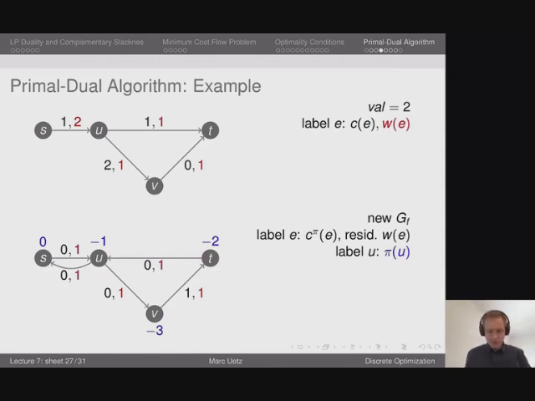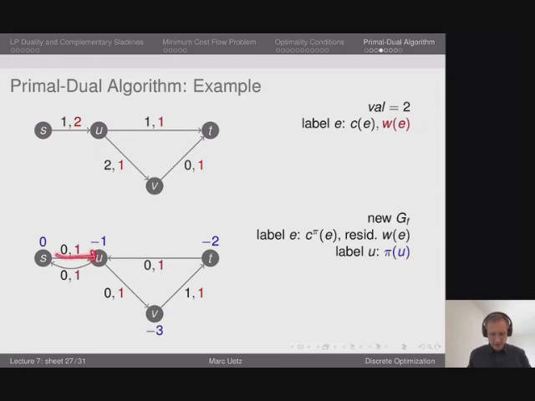And what you can also see in this new residual graph, for instance, is that all the reduced costs along all the existing edges are non-negative, and that is our optimality proof, the reduced cost optimality condition. On the next iteration, we would again compute shortest paths from s to t.